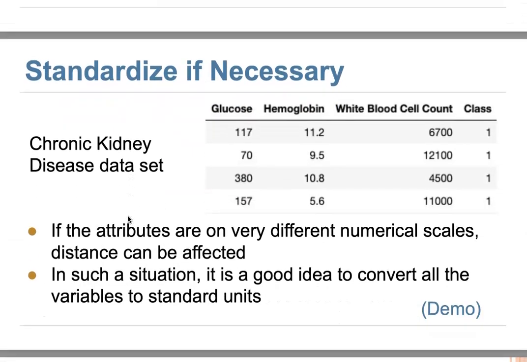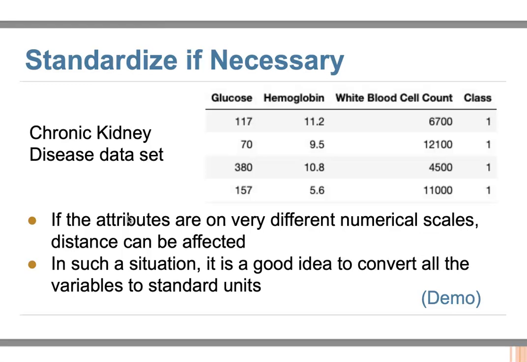Okay. And also, in our last lecture example, the chronic kidney disease data set, standardizing is necessary if your data may be too big. If your attributes are on very different numerical scales, the distance can be affected.